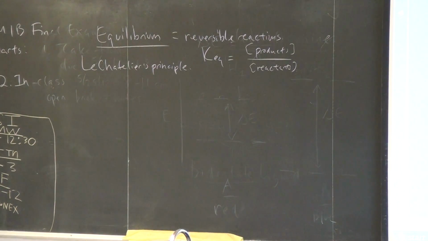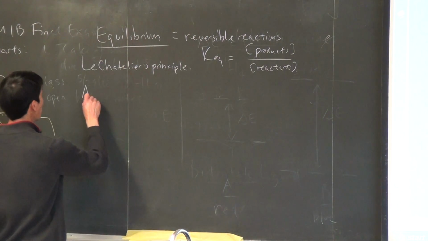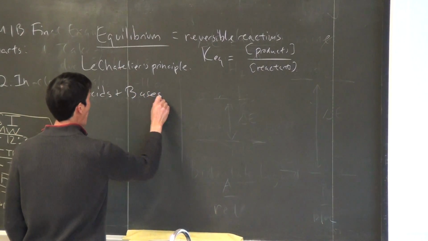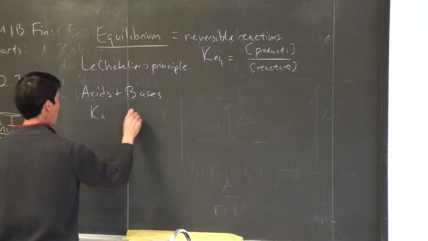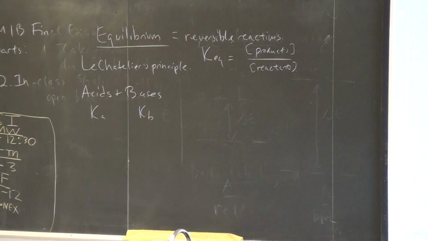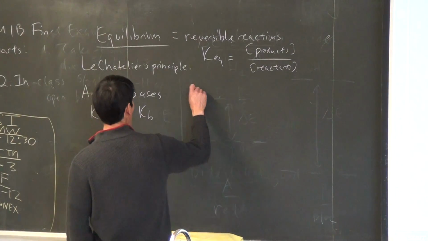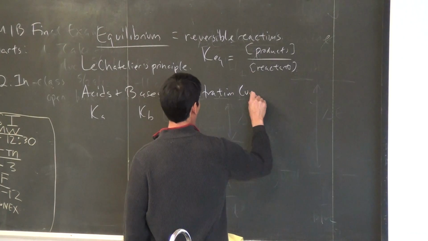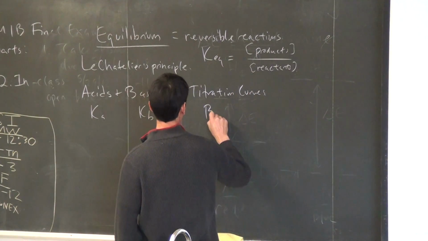Then we apply these equilibrium principles to acids and bases. The acids basically look at Ka and Kb. And then from here we also looked at titration curves. With titration curves we also looked at buffers.